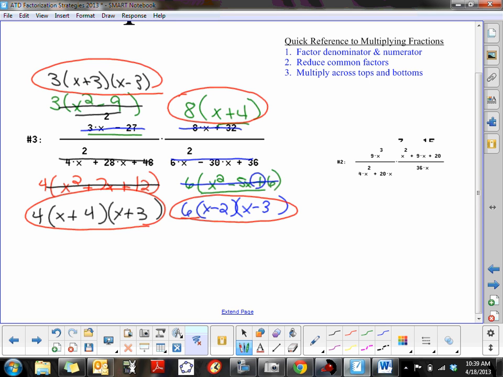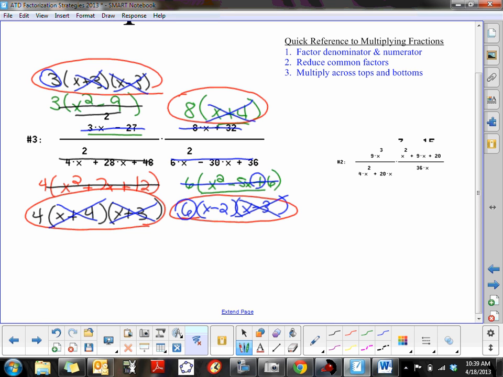Okay, the x plus 4 comes from the denominator and the numerator. You can x it out. X plus 3, numerator and denominator. X minus 3's. Okay. We've got a 6 and a 3.